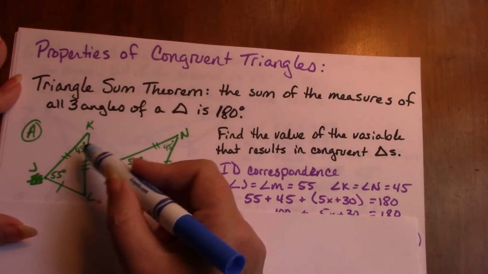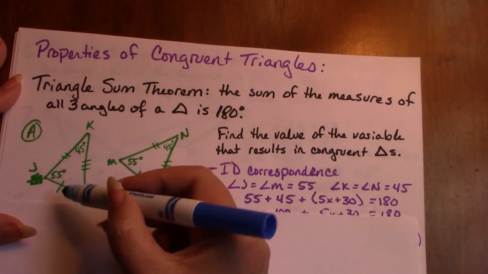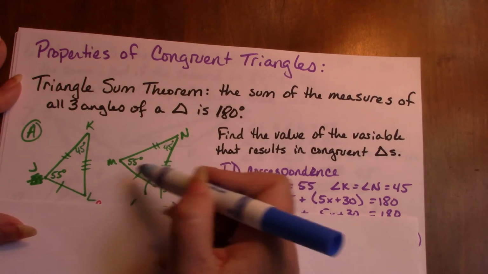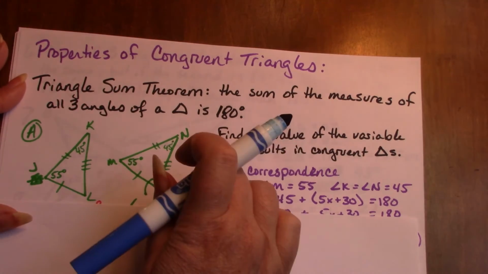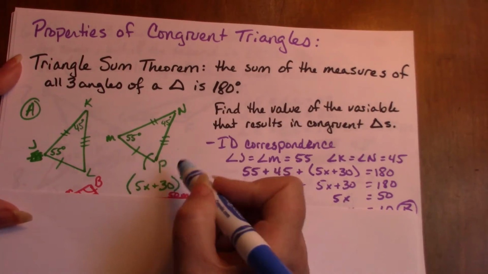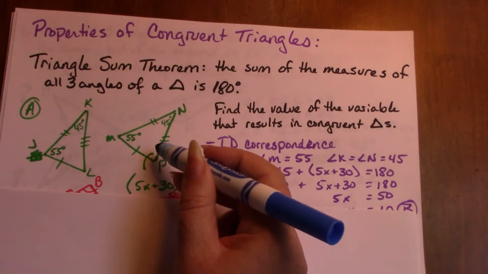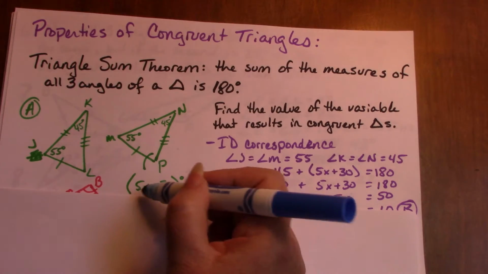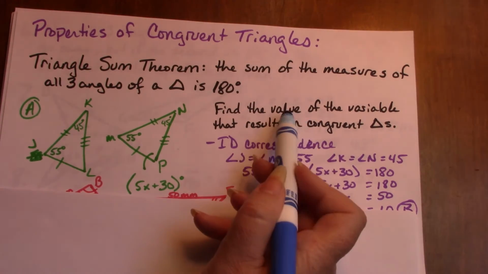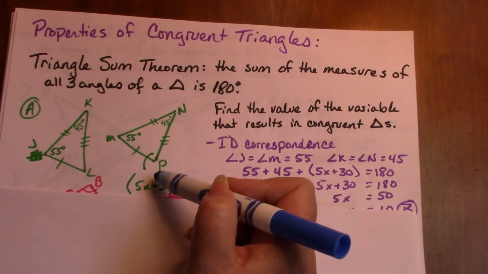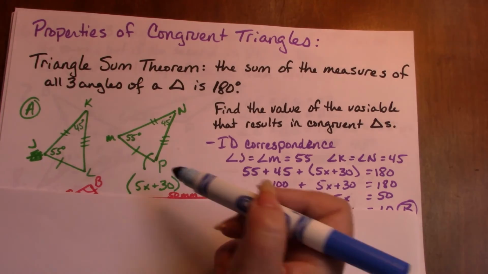So knowing that these 2 triangles are congruent because 3 sides are congruent and 2 of the 3 angles are congruent, we know that angle P is 5x plus 30 degrees. We want to find the value of the variable that makes this triangle and this triangle congruent.